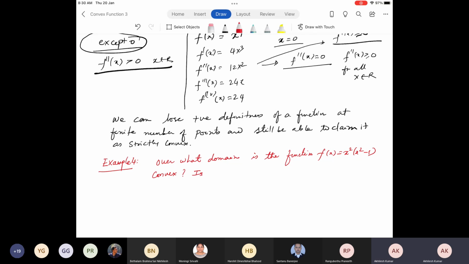Is it strictly convex over the region S?